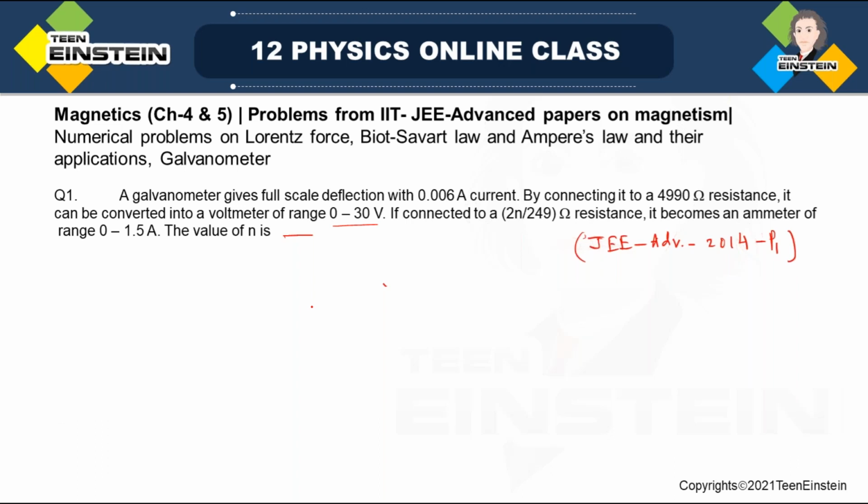Okay, so look here, this problem deals with the knowledge of galvanometer and conversion of a galvanometer into a voltmeter or an ammeter. As you see, both sections are there.